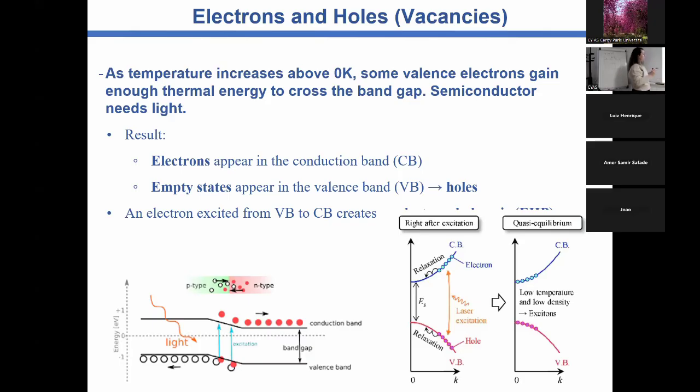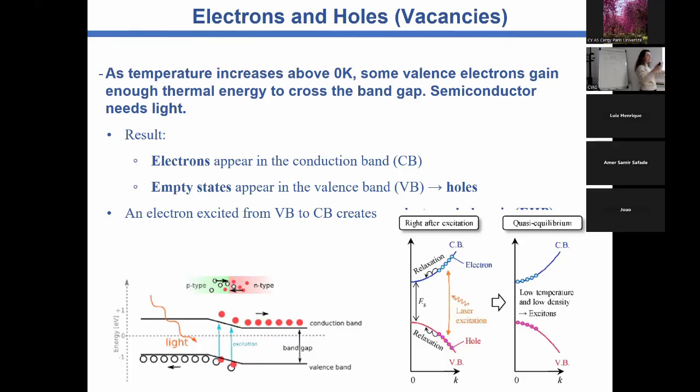But what I want to say now is the electron here has mass, has charge. The hole here also has mass and also has charge. Its charge is opposite, but its mass is different from the electron.